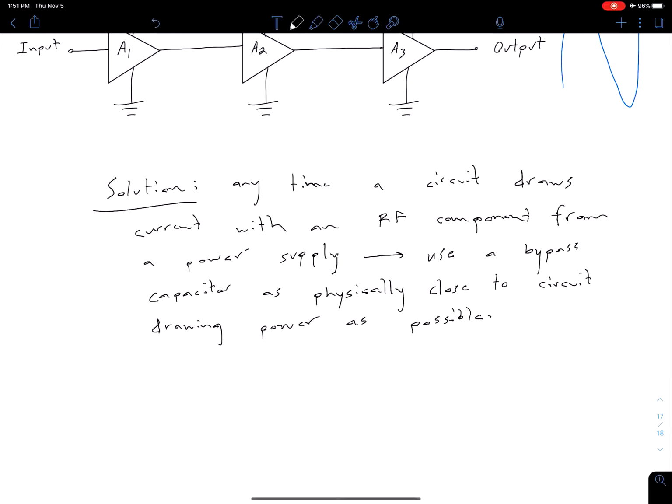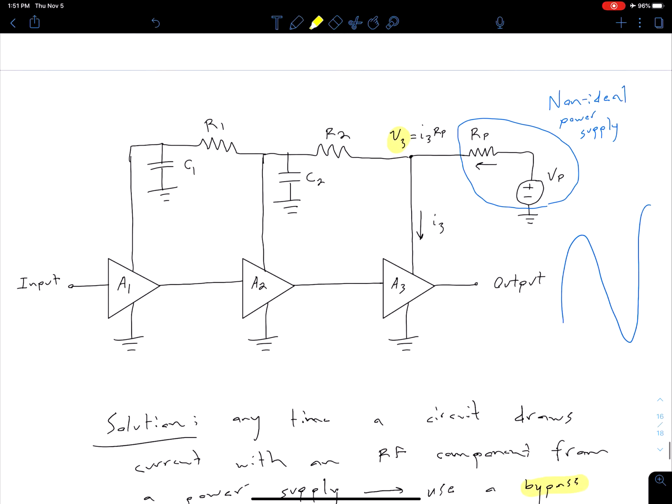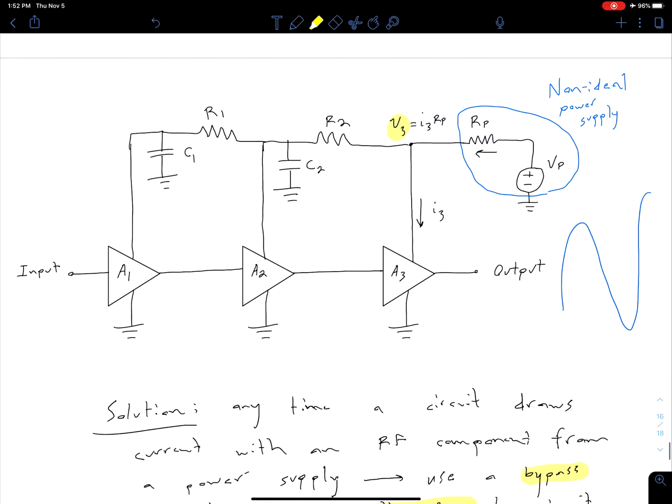The key thing there is we want this bypass capacitor to be very close to our circuit. What that would look like here is, if we know we have this AC component in our current I3, we can put a bypass capacitor in that power supply line very close to where that power is being drawn from our component. We'll come back and talk about how to determine what value of that capacitor here in a little bit.